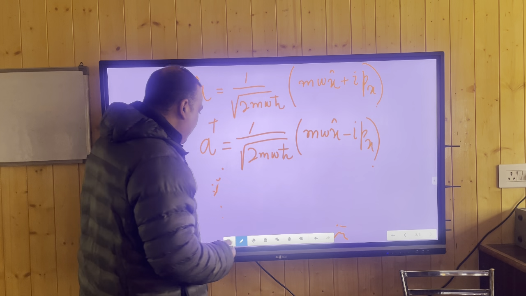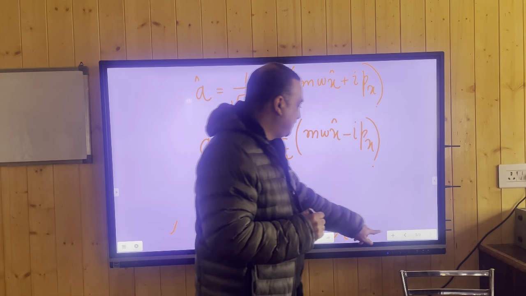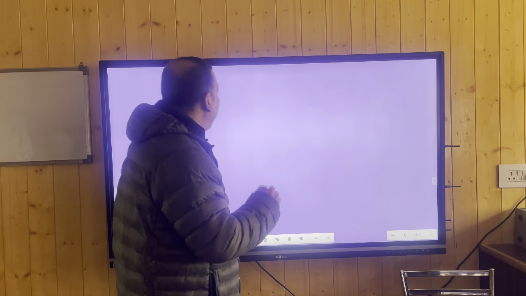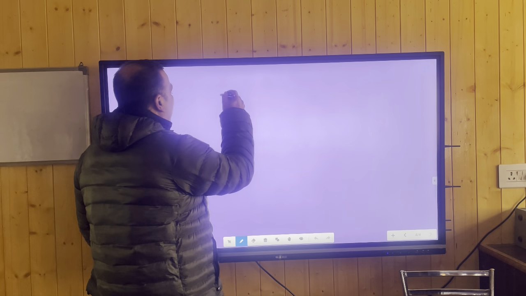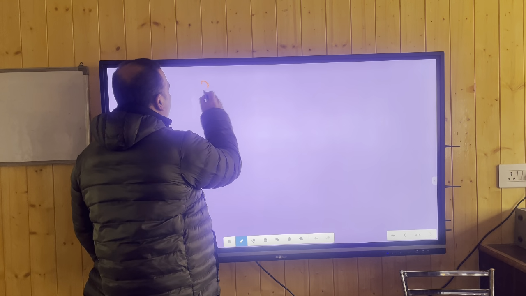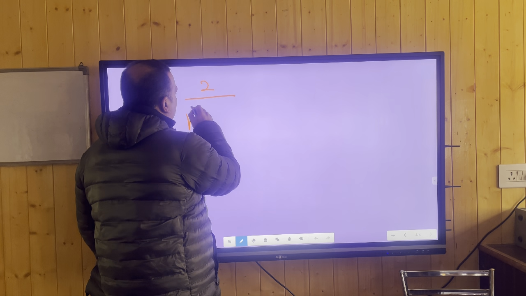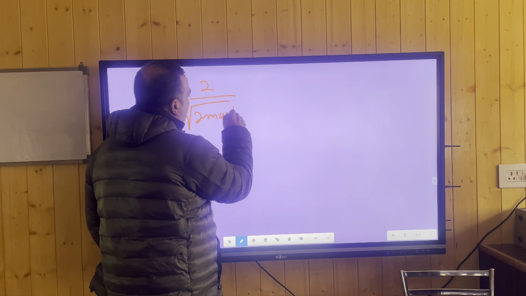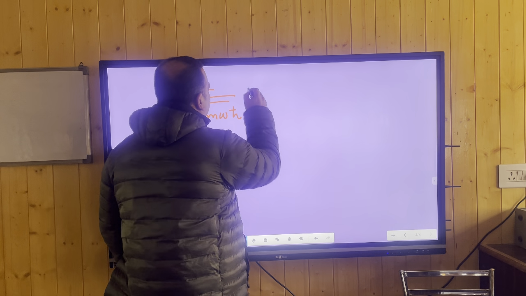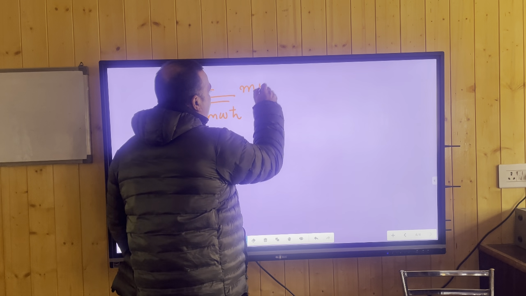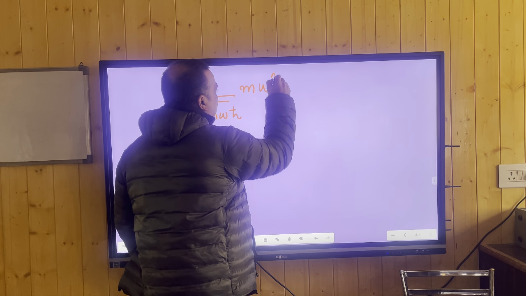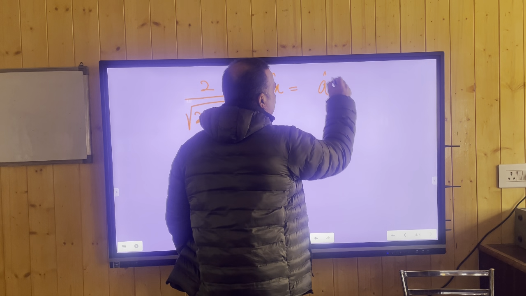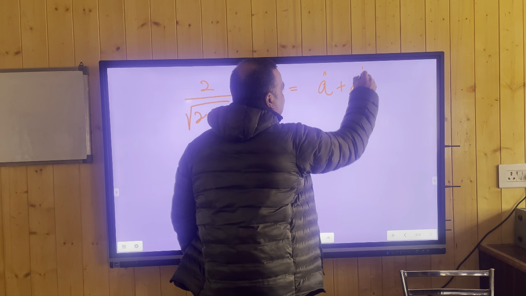So what we will have is 2 by under root of 2m omega h cross, then you have m omega x cap, and this must be equal to a cap plus a dagger.